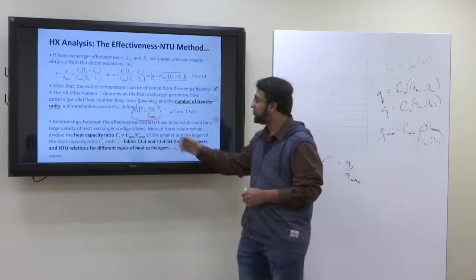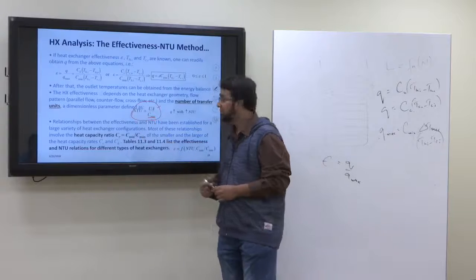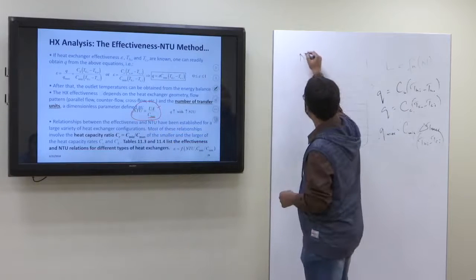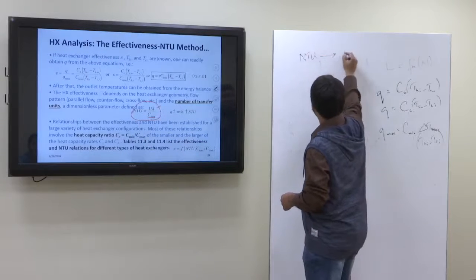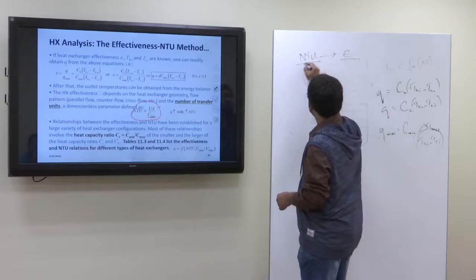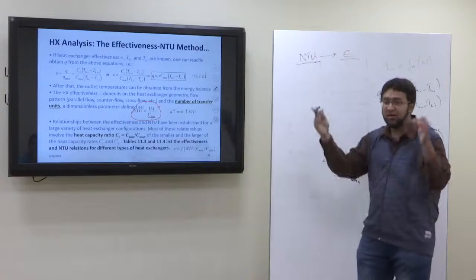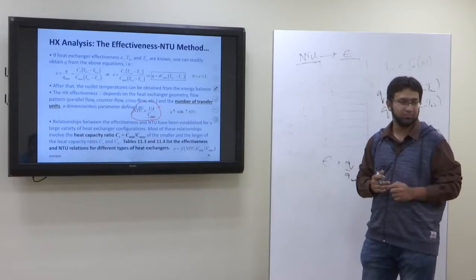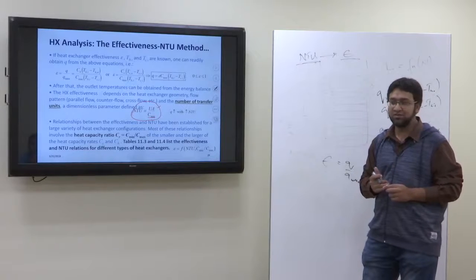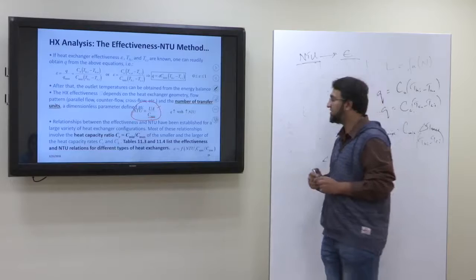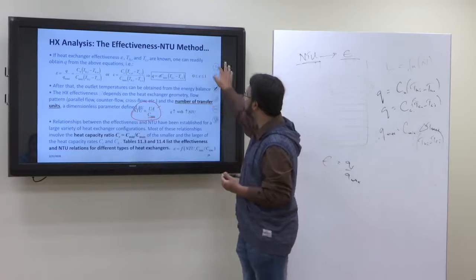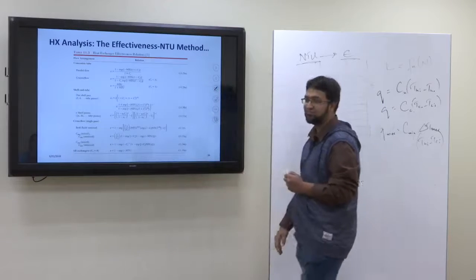Now NTU, number of transfer units, and effectiveness, these two things are related with each other. And what is the relation? The relation is given in the following tables.